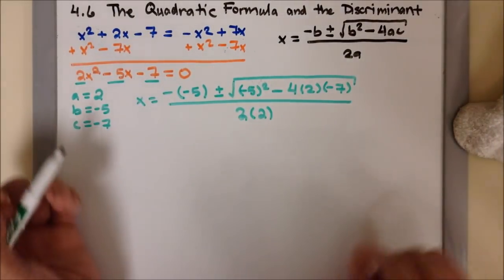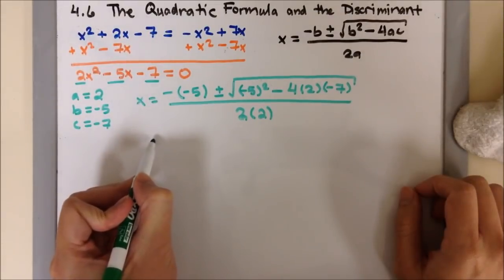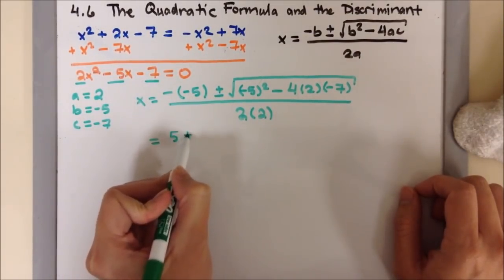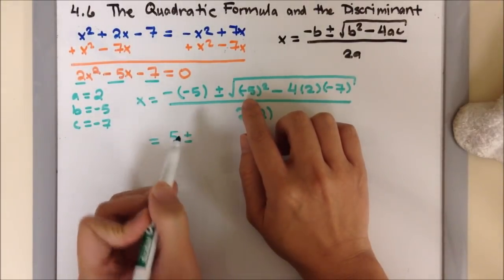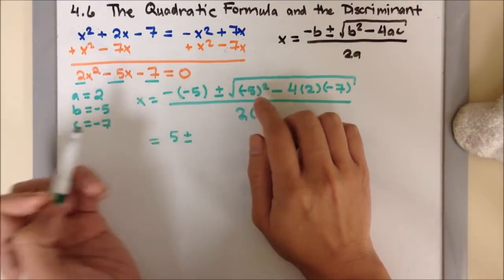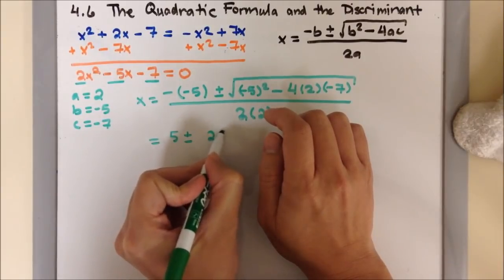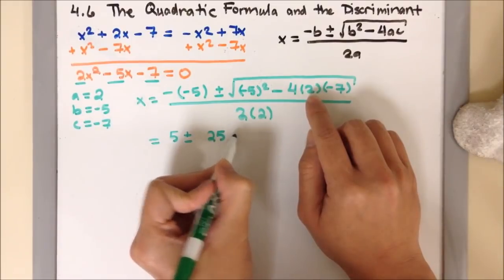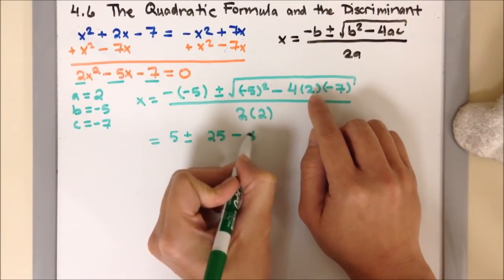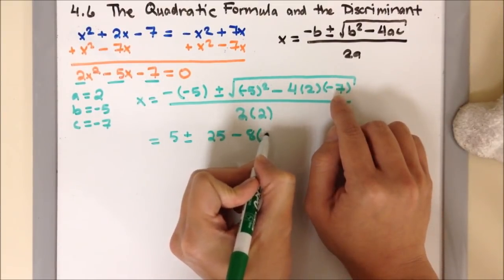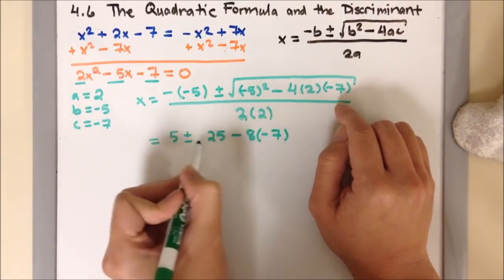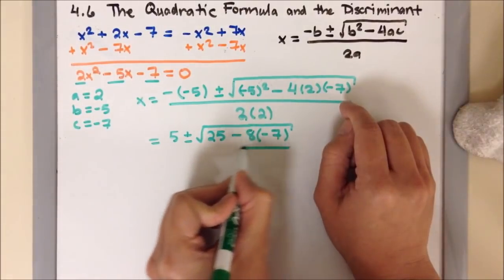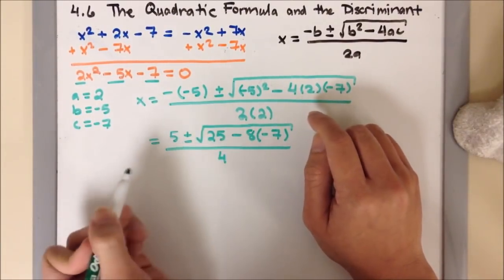Alright, so negative 5 will become positive 5 plus and minus negative 5 squared. That means negative 5 times negative 5, which will be positive 25. Now, minus 4 times 2, I'm going to do this one step at a time. So that's negative 8 times negative 7 inside the square root over 2 times 2 is just 4.